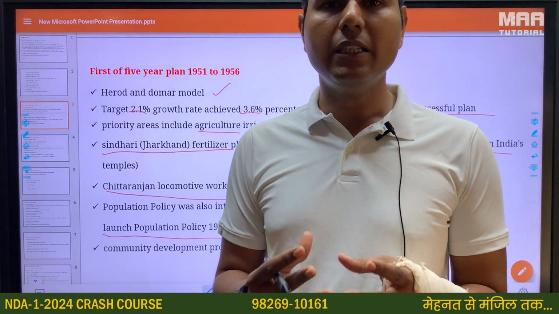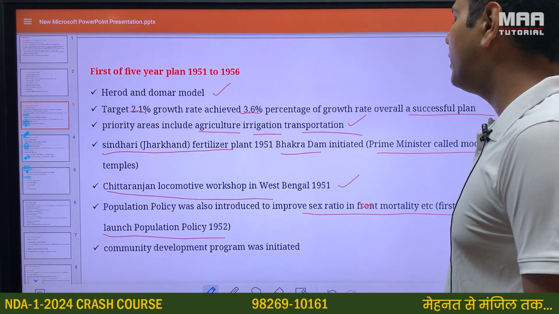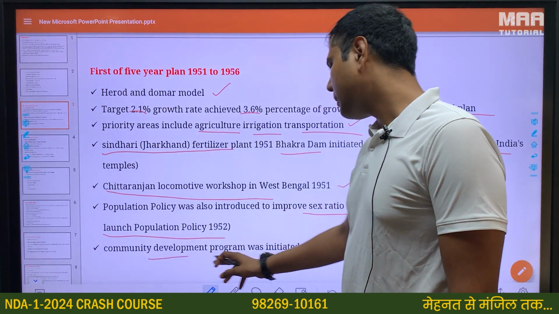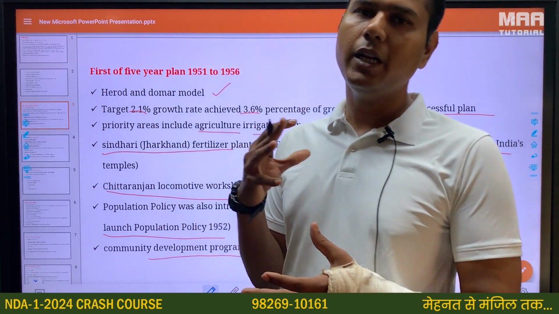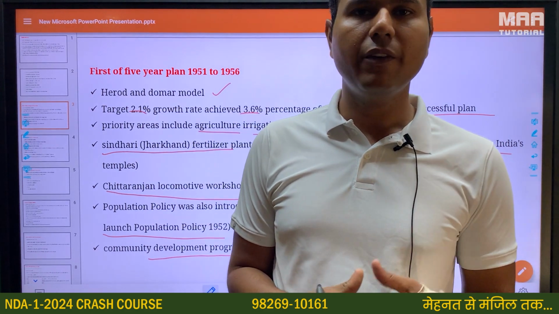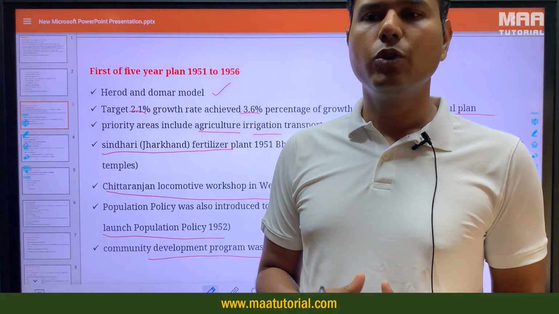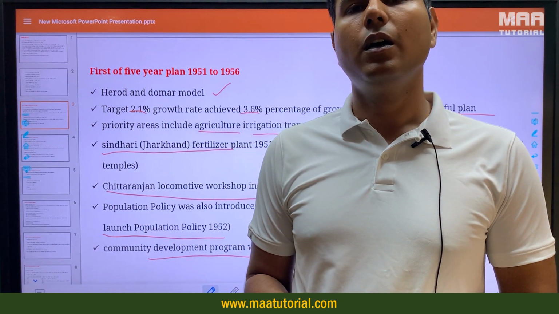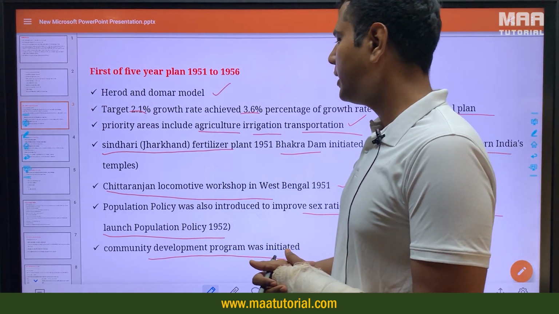So these fundamental challenges with population were undertaken in this population policy, and India was the first country to introduce such a policy. Community development programs were initiated. The idea of the community development program was that the government would undertake certain activities which will lead to the spread of the benefits which the government is trying to provide to society. These programs were such that they involved multiple members of our society getting benefited from it. So let's continue further.